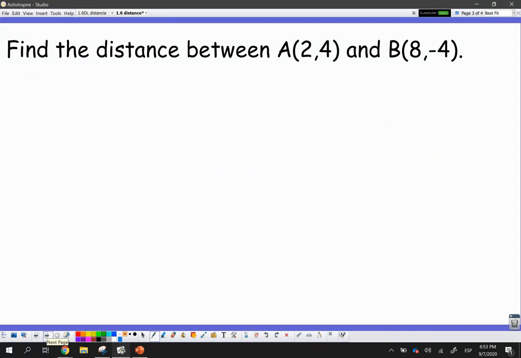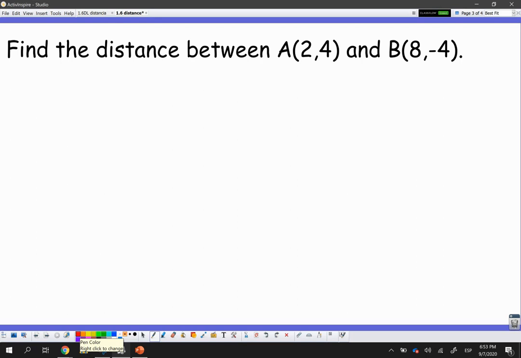So in this one, we want to find the distance between A (2, 4) and B (8, -4). Okay, so to start, again, the first thing I want to do is label my points to know exactly which one is my x1, y1, which one's my x2, y2.